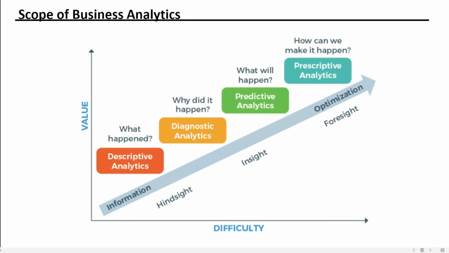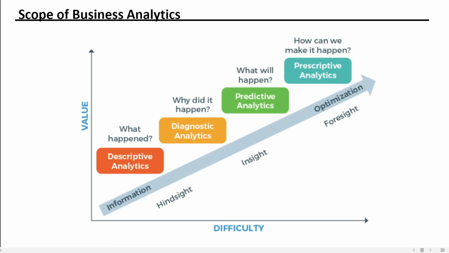But you have to note that each level of analytics builds upon the previous one. So a solid foundation in descriptive analytics is essential before moving to diagnostic analytics, to predictive analytics, to prescriptive analytics. Each level has its own value, and the most effective analytic strategies often incorporate insights from all levels.